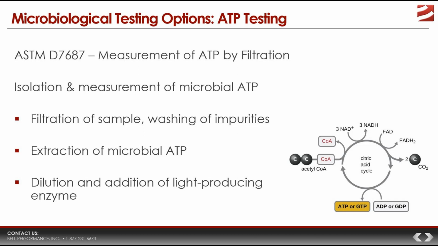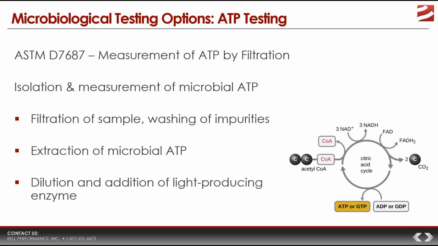Now, the first ATP tests that they developed to try and measure this, what we would call first generation tests, depending on how long you've been in the industry, you may have seen that they almost look like ATP pens. They had kind of a pen applicator thing. And they were all right, but people found that they had specificity problems. So in recent years, they have refined the methodology.